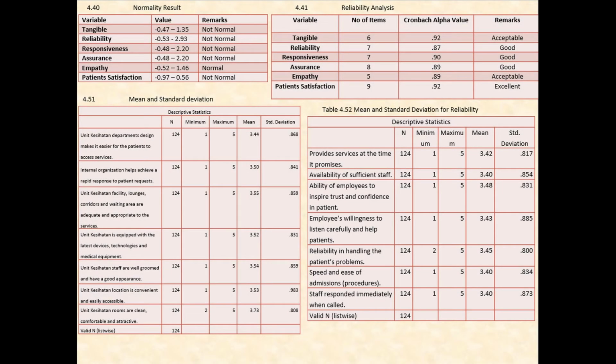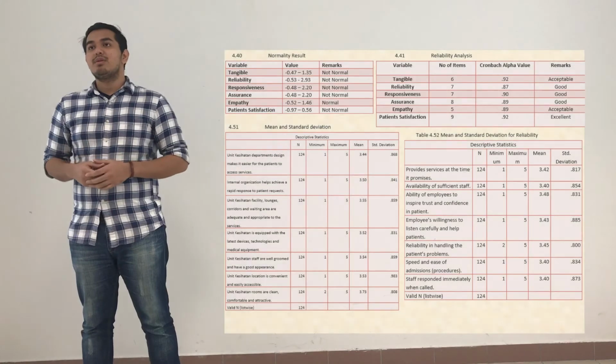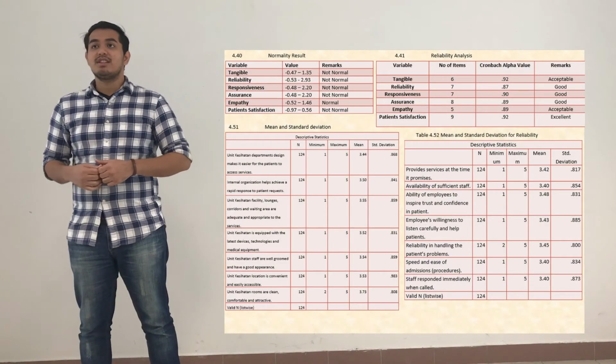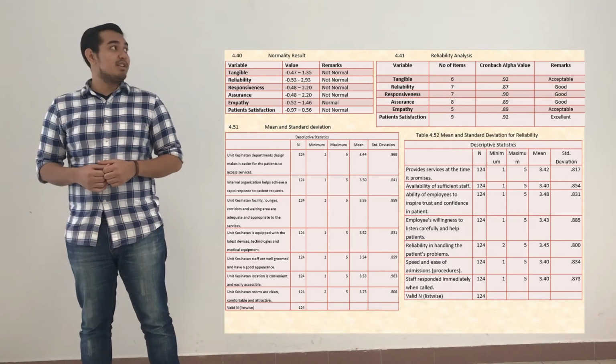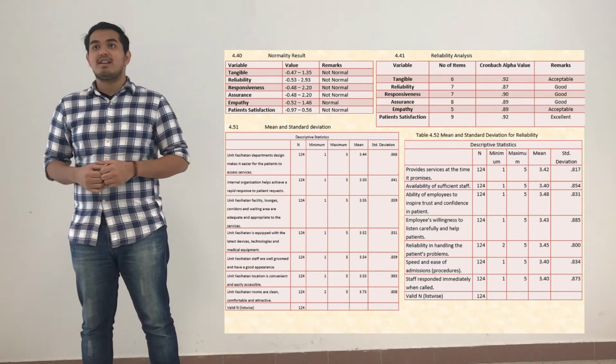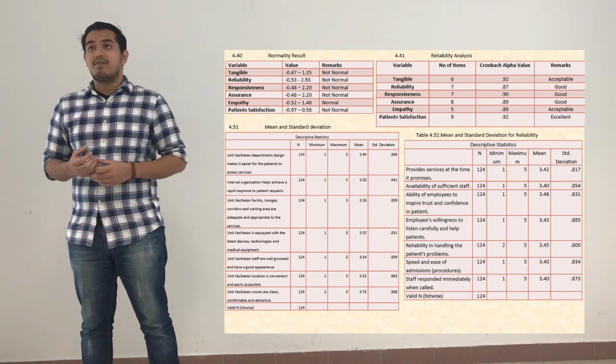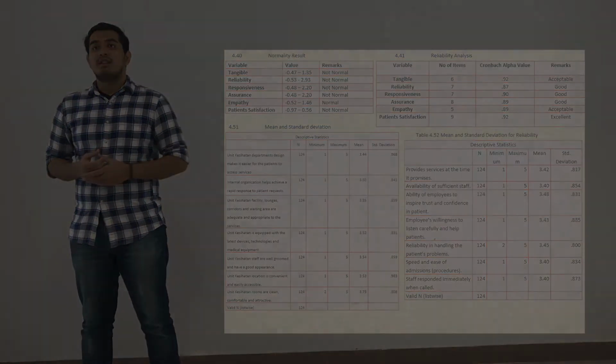On the next slide, Table 4.40 shows the normality result, which is the value based on the statistic over standard error of the highest and the lowest. A value between negative 1.46 and 1.46 is normal, otherwise it is not.